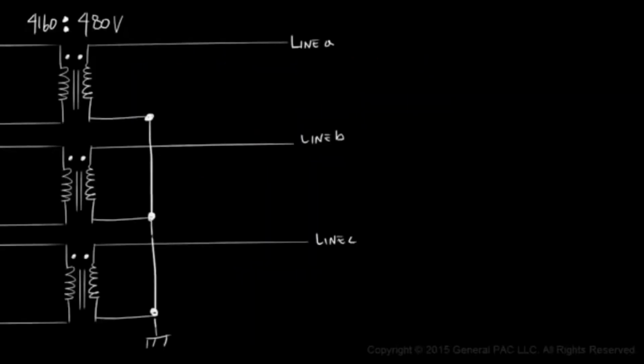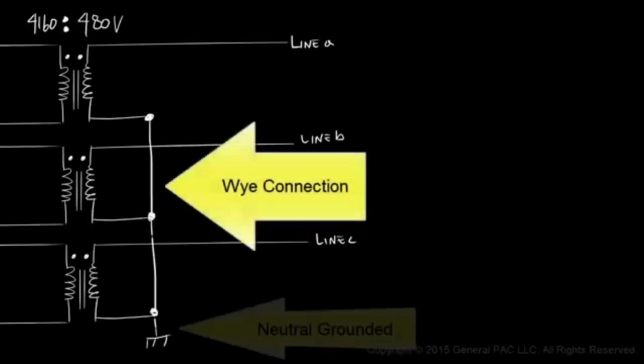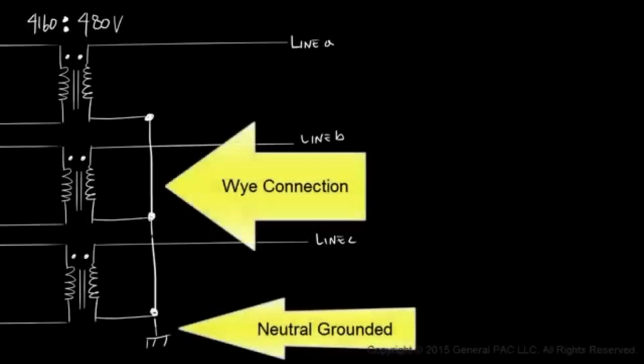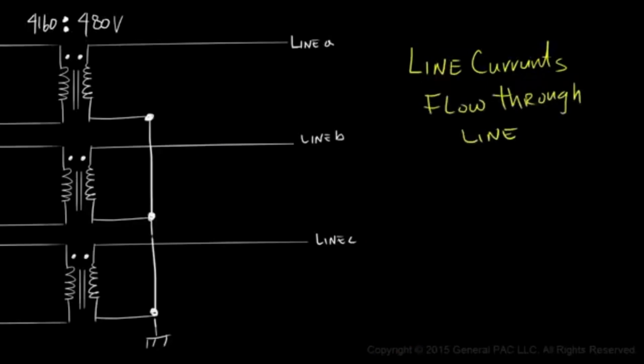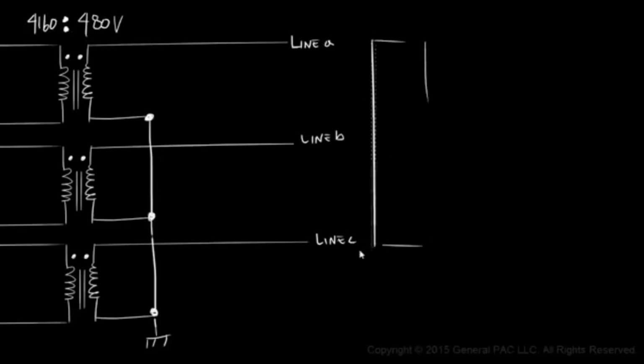Let's pick up with the secondary side of the transformer, where our transformer is connected in Y with the neutral grounded. We understand the line current, or line-to-line current as I like to call it, is per conductor.